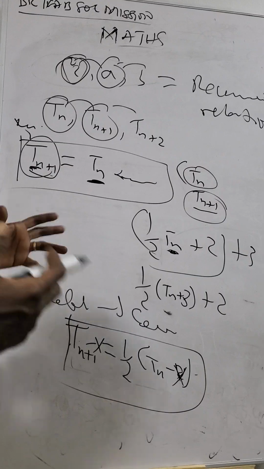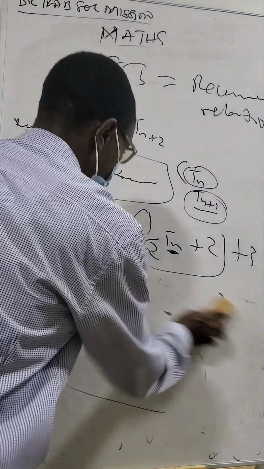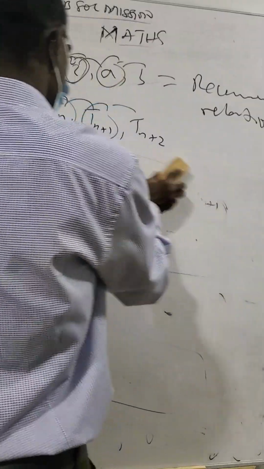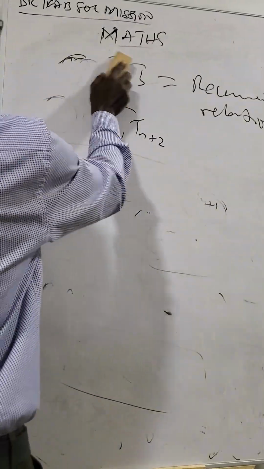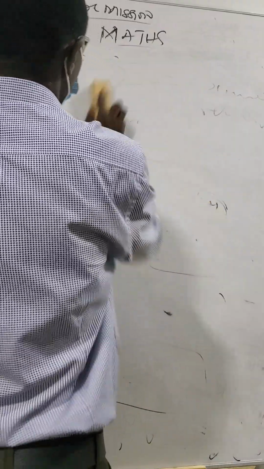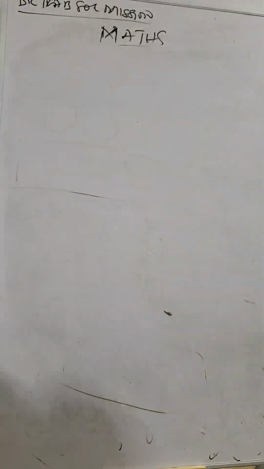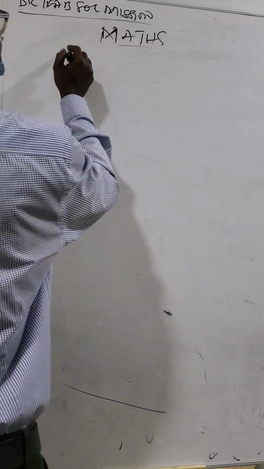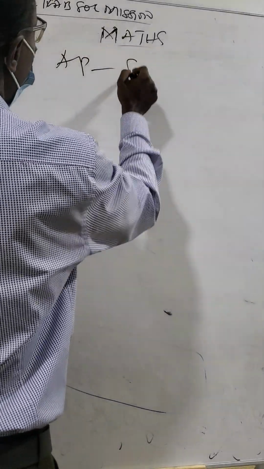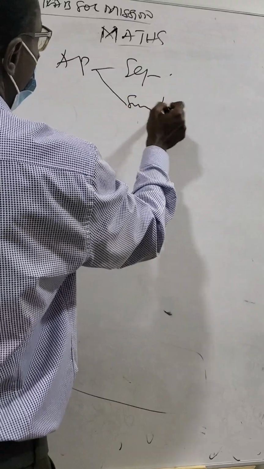So, in summary, let me briefly go over so that we have a very good foundation when it comes to AP and GP and their manipulations. All that we have said so far is that for AP, you can have the sequence, you can have the summation or the series.